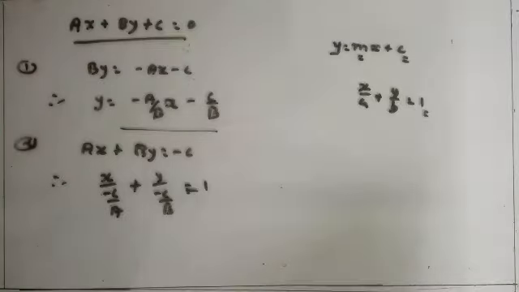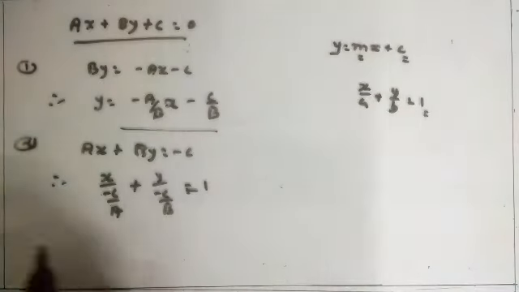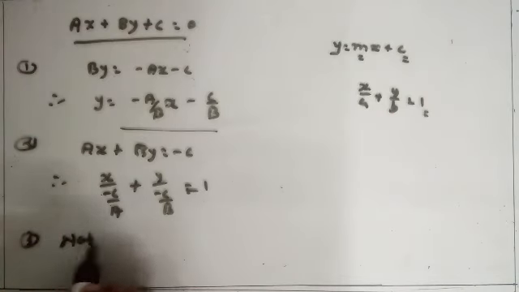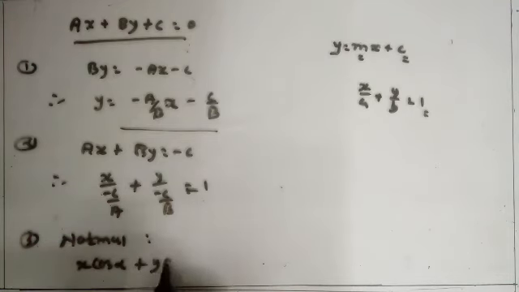Now the normal form. You know that the normal form of the equation of a line is x cos alpha + y sin alpha = p.